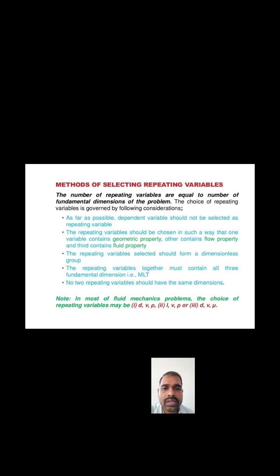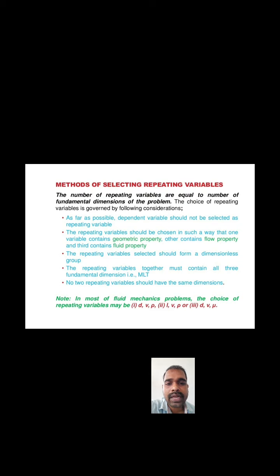Using that we select the repeating variables from the given statement. As far as possible, the dependent variable should not be selected as a repeating variable. The variables should contain a geometric property, a flow property and a fluid property.